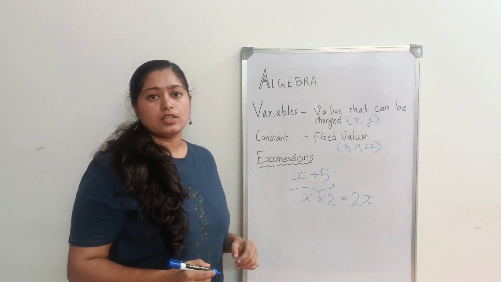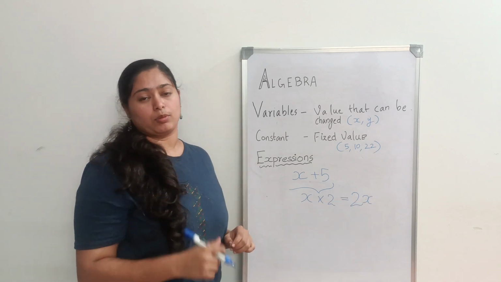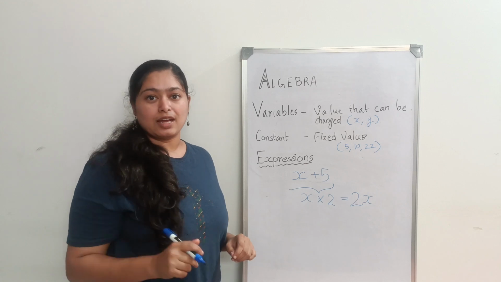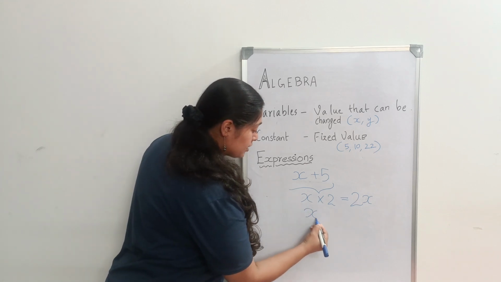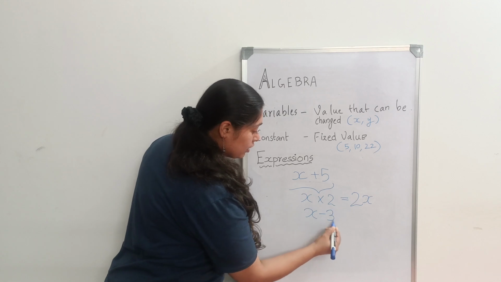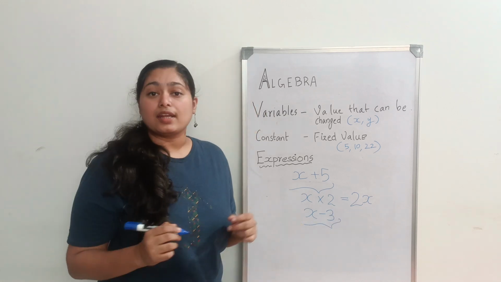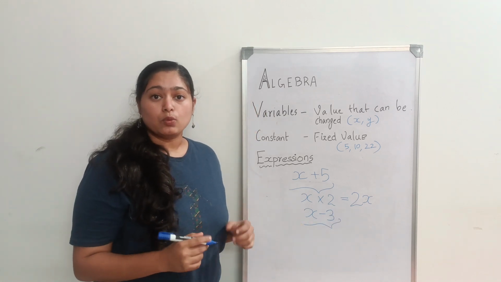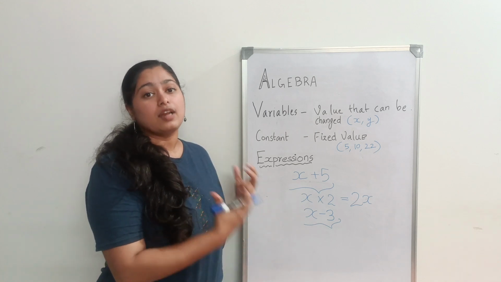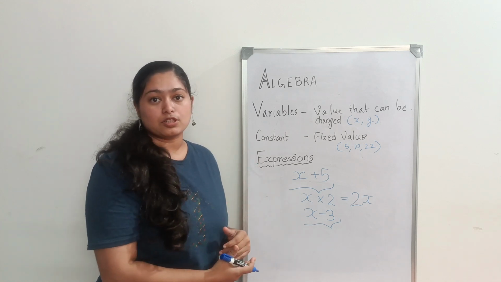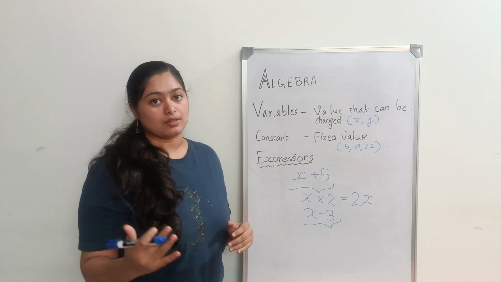Now, I want you to subtract 3 from your age. You will have the answer, but since again I don't know your age, let me write it as x minus 3. This is also an expression. So this is how we can write different expressions, and later we can solve these expressions using different methods.